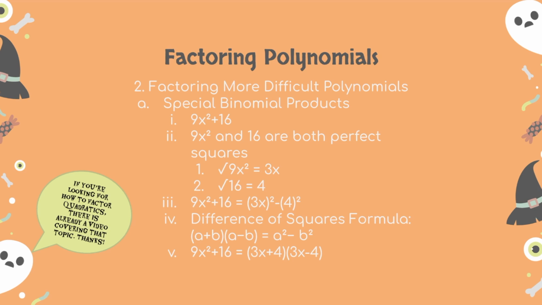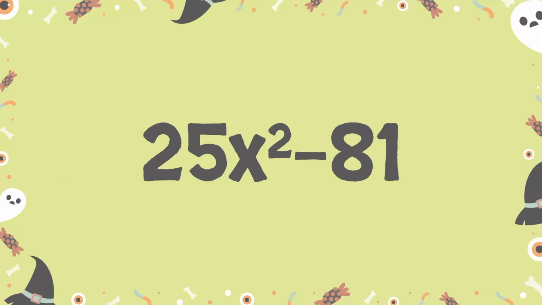Now, if you add this back into the polynomial, you get 9x squared minus 16 equals 3x squared minus 4 squared. Using the difference of squares formula, we can conclude that 9x squared minus 16 is equal to 3x plus 4 times 3x minus 4.